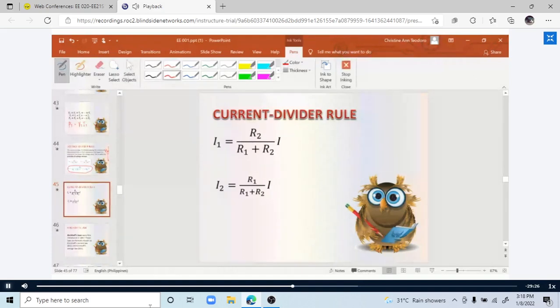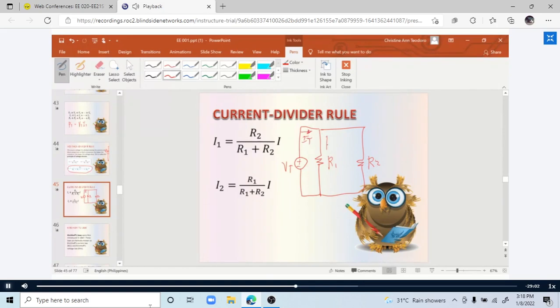So maybe we could demonstrate the circuit here. If you have your R1 in parallel with your R2 and you have your source here, this will be your total voltage and you have your total current here, correct?